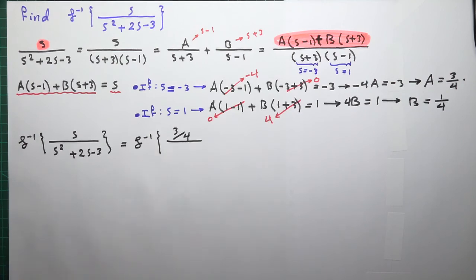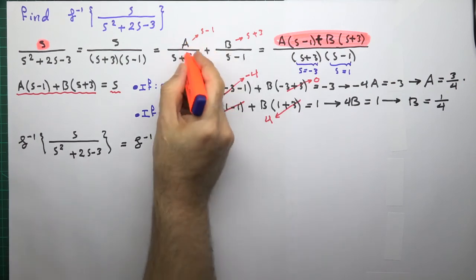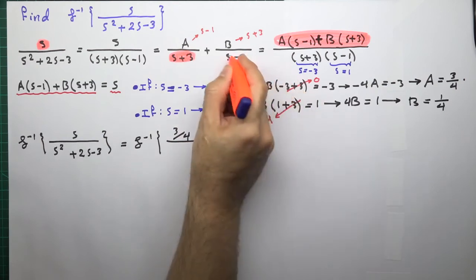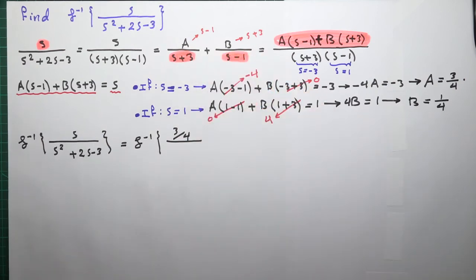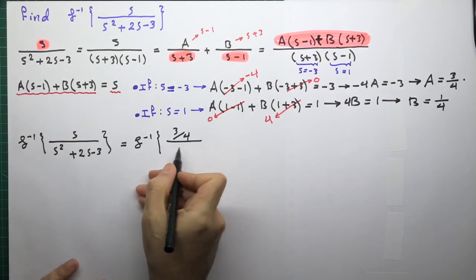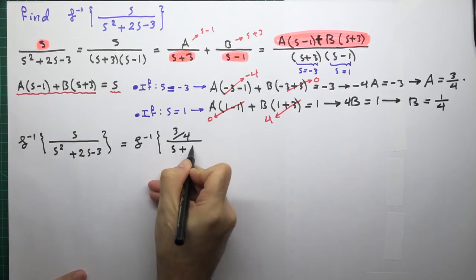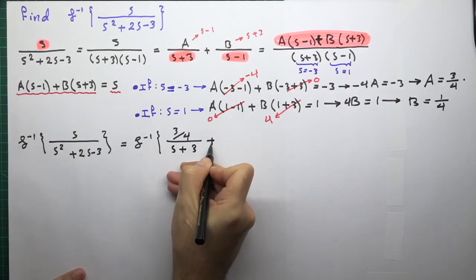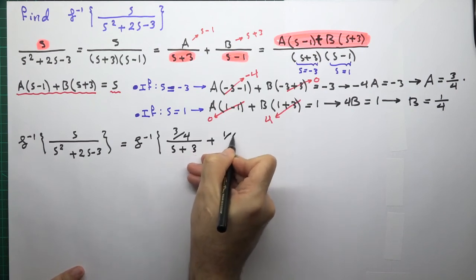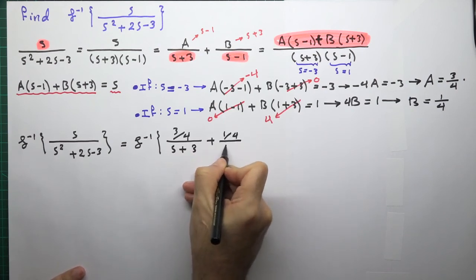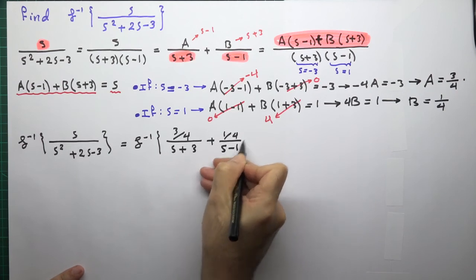And remember, A divided by S plus 3 and B divided by S minus 1. يعني ما بنقدر نغير A over its denominator, B over its denominator. So A over S plus 3 plus B, 1 over 4, over its denominator S minus 1.